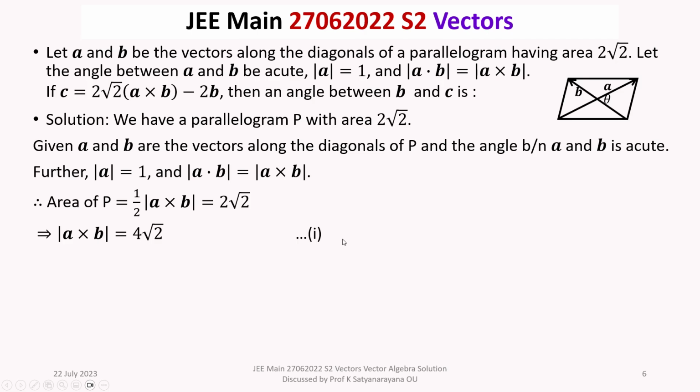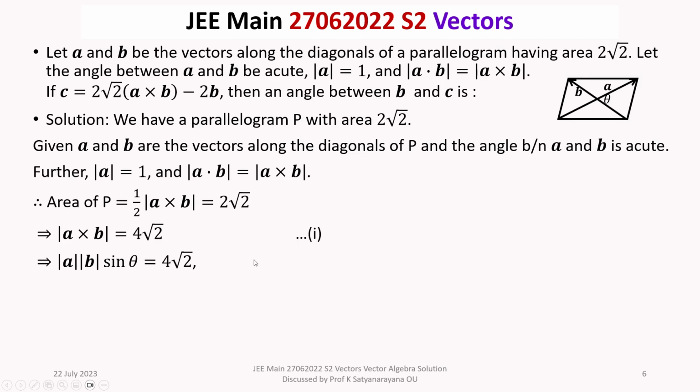Let's call this relation 1. And mod of A cross B, that is mod A into mod B into sine theta, is equal to 4 root 2. One may ask, sir, you have to write mod sine theta. Yes, you are right. But theta is given to be acute, therefore mod sine theta is the same as sine theta.